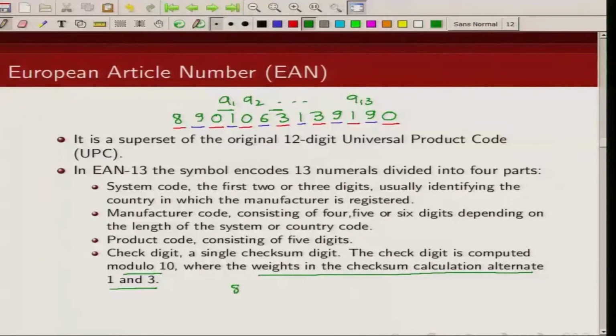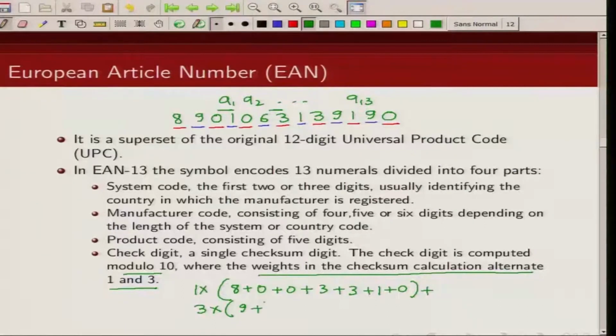So that is 8 plus 0 plus 0 plus 3 plus 3 plus 1 plus 0, and this will be multiplied by 1, plus 3 times the numbers in the even location.